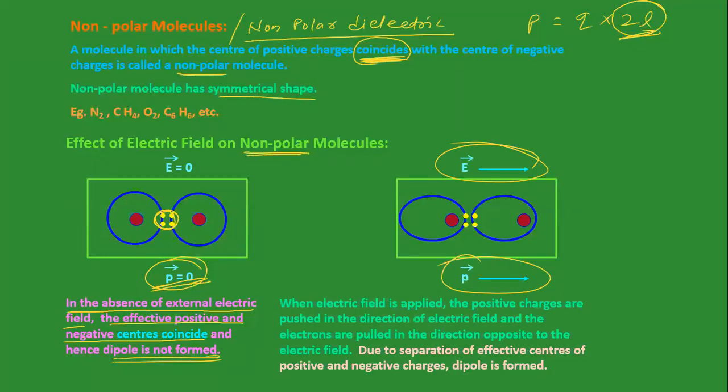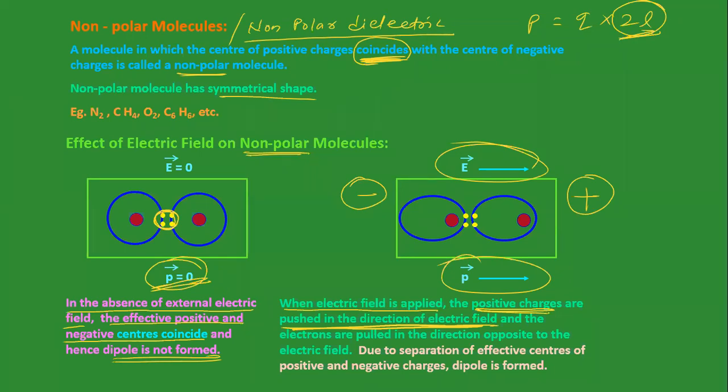When electric field is applied, positive charges are pushed in the direction of electric field and negative charges opposite to the direction of electric field.